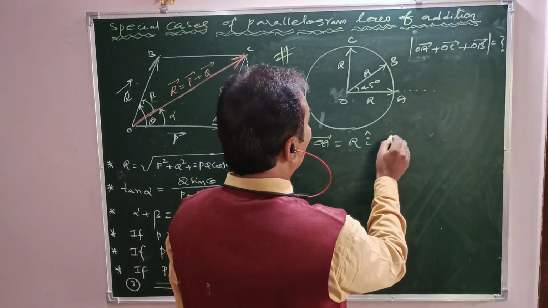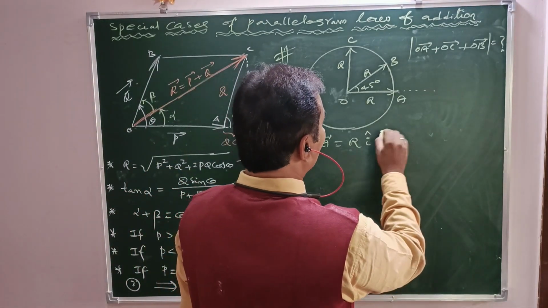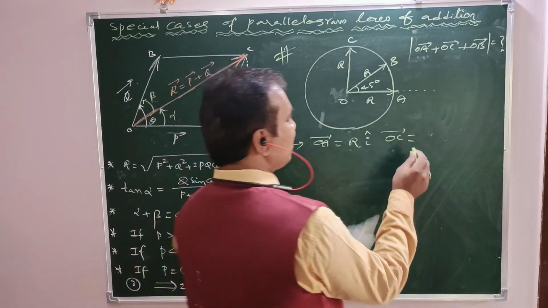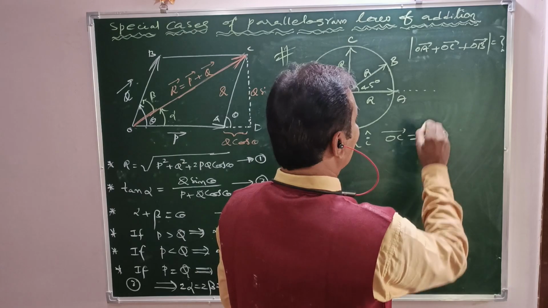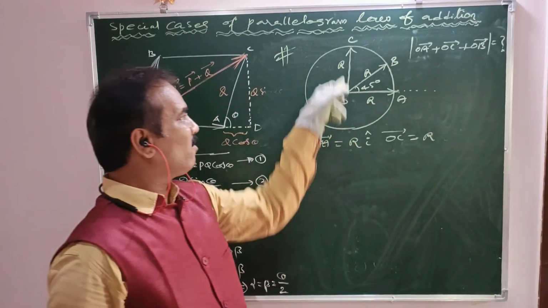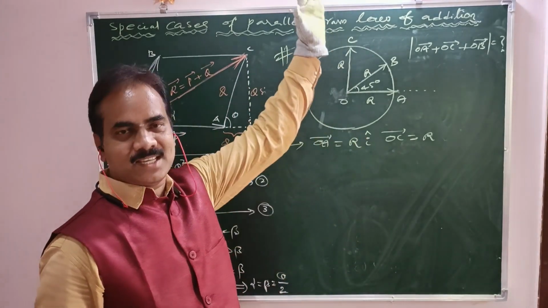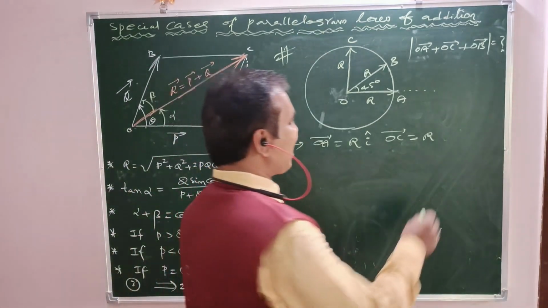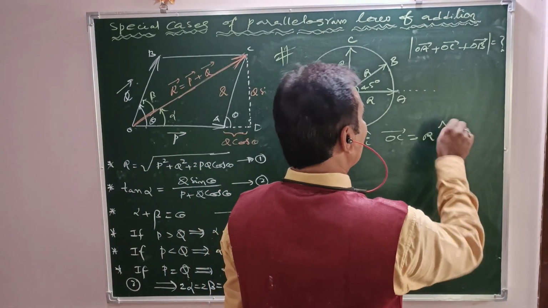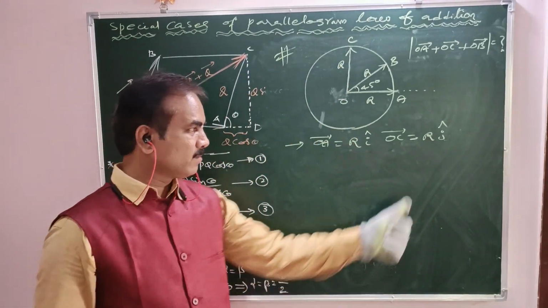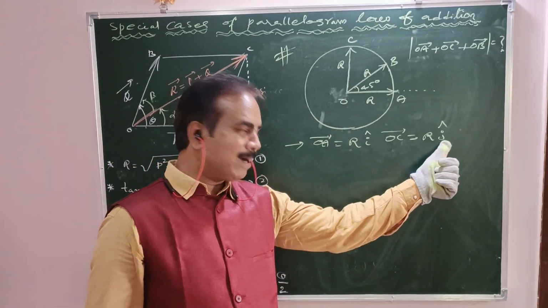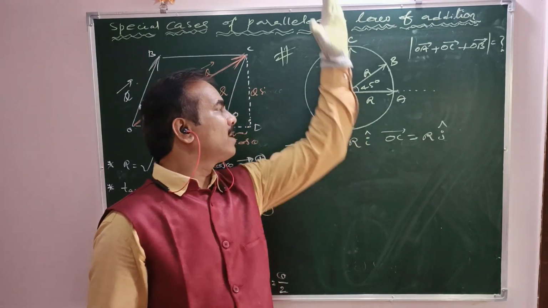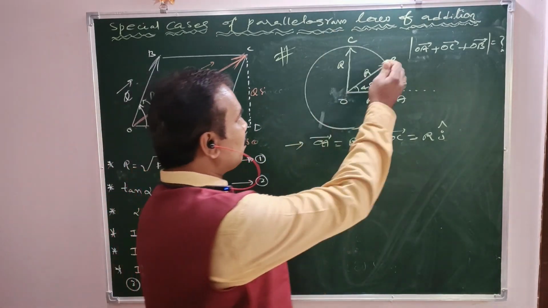Coming to OC bar. What is the magnitude of OC bar? Once again R. Once again R into, what is the direction of OC bar? That is the positive y-axis. What is the unit vector along the y-axis? That is j cap, R j cap. So how to get the vector: magnitude multiplied by direction. Here magnitude R into i cap, here R into j cap. That's all. Now coming to OB bar.